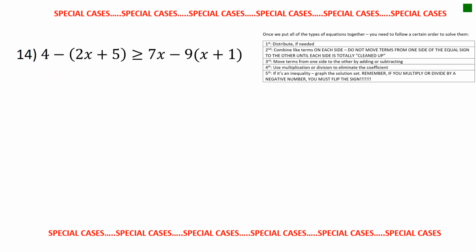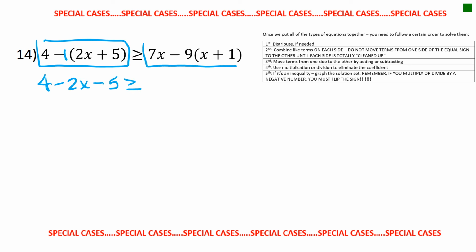Oh, mind blowing. All right, left side. Remember, right here's a 1. So I have 4 minus 2x minus 5 greater than right side 7x minus 9x minus 9. Clean up, everybody, everywhere.